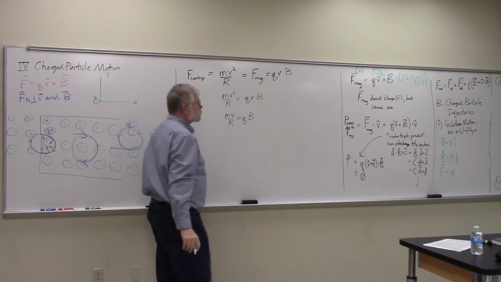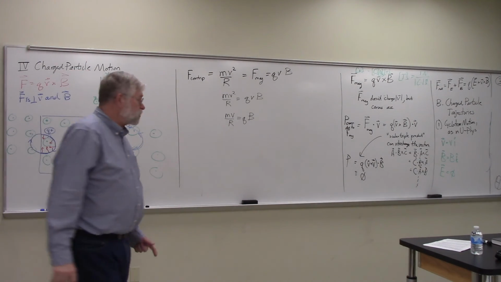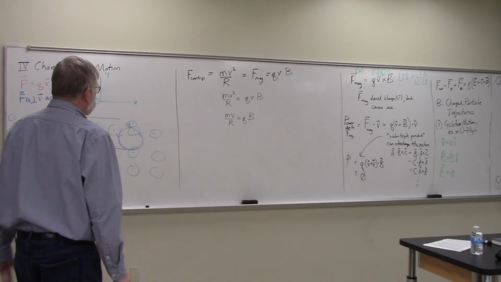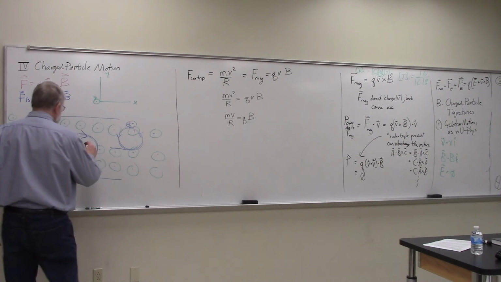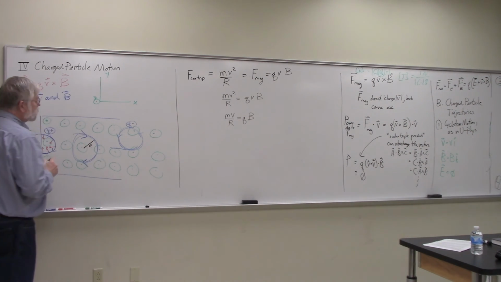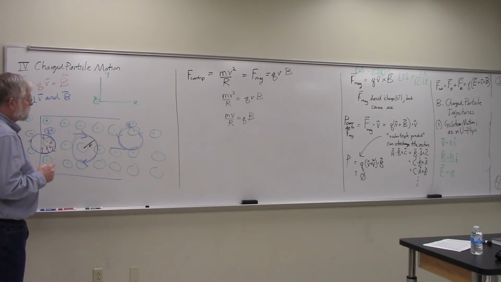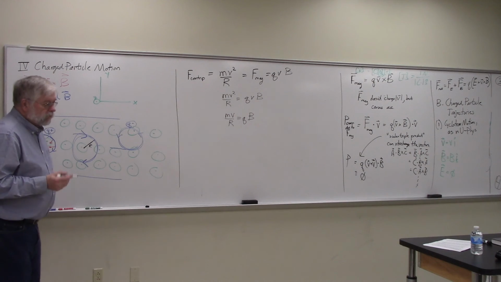The cyclotron equation relates the five quantities: the mass, the speed, the radius of the circle in which it's moving, the charge of the particle, and the B field. So measure four, you can determine the fifth.